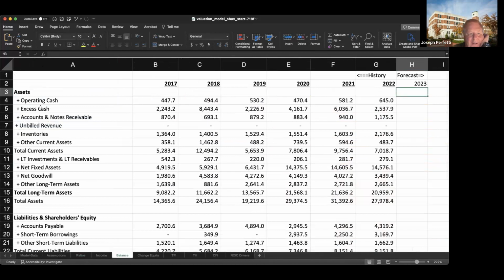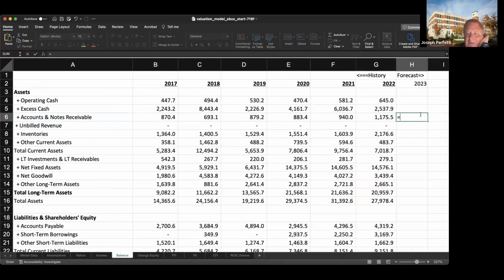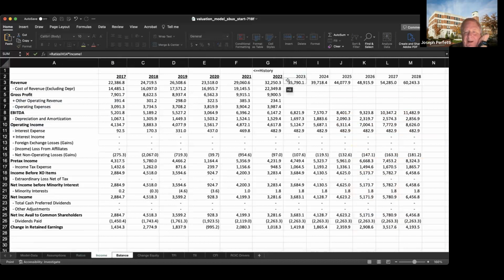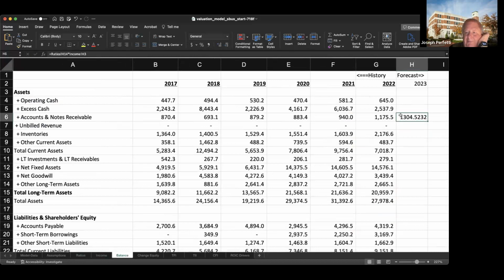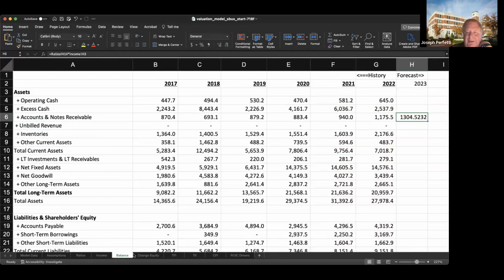For accounts and notes receivable, in 2023 in dollars, that's cell H6, equals from the ratios tab, 2023 is column H, accounts receivables percentage of sales ratio H14, that cell, times from the income tab, 2023 revenue, which is H3. 1,304.5 million of accounts and notes receivable if we hit 3.6% of revenue in 2023.